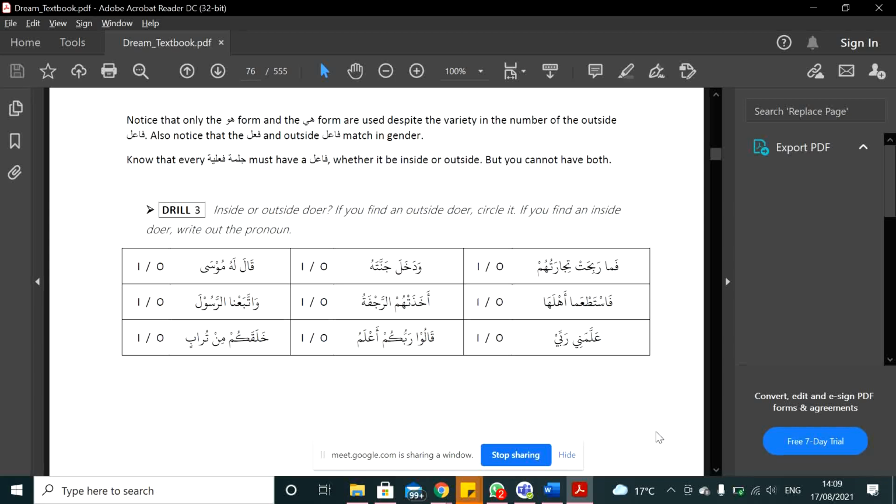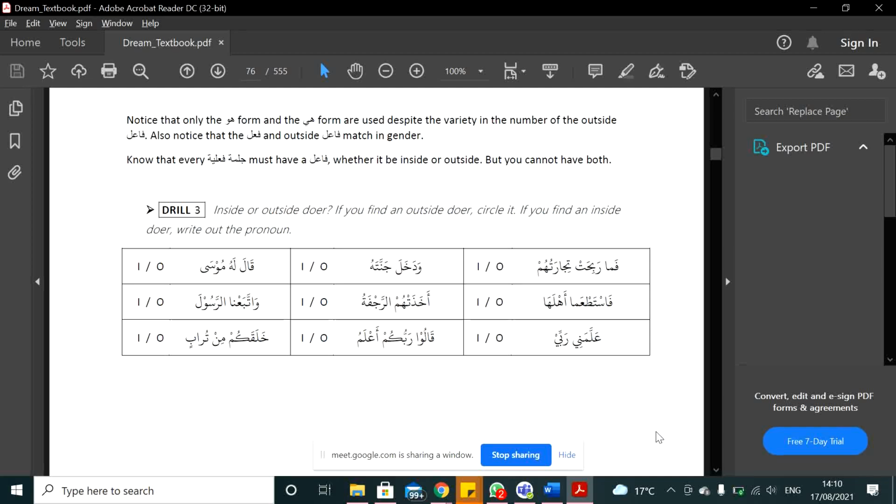So what is our doer in khalaqakum? Kum? No, kum is not a doer. And turabin also wouldn't be the doer. So what is the doer? Oh, sorry. Khalaqa, huwa. Huwa khalaqa. Huwa is the doer, right? Yes. Khalaqa means created.